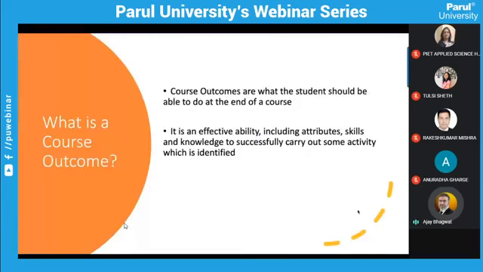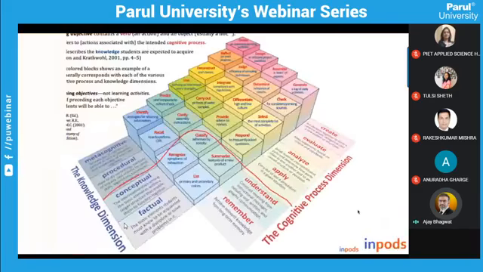Then we moved on to the course outcome designing technique, and we looked at this model, and I was suggesting you to think about what knowledge dimensions your course delivers, whether you could identify some chunks of the course knowledge that is delivered by your course.